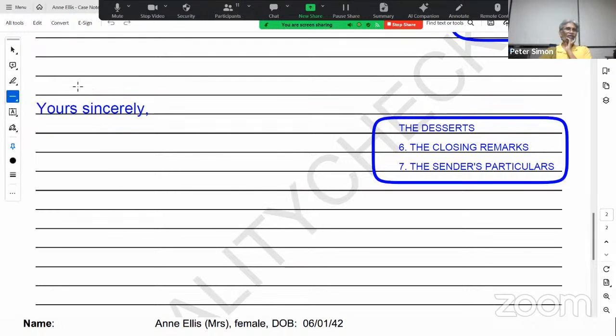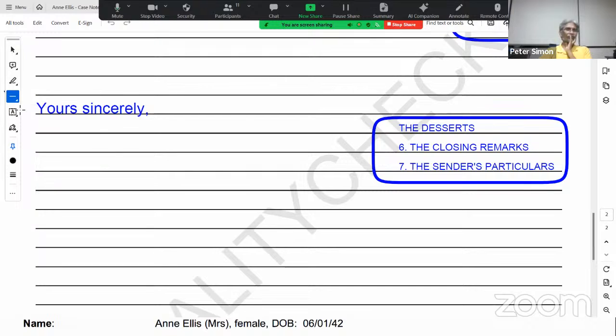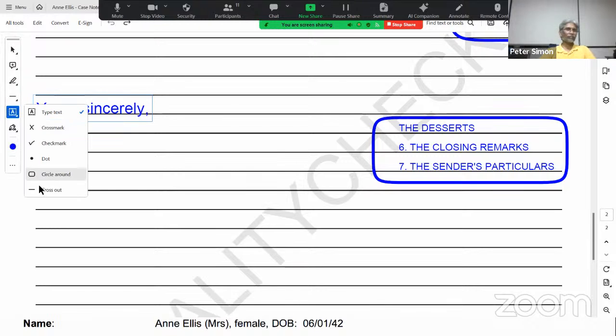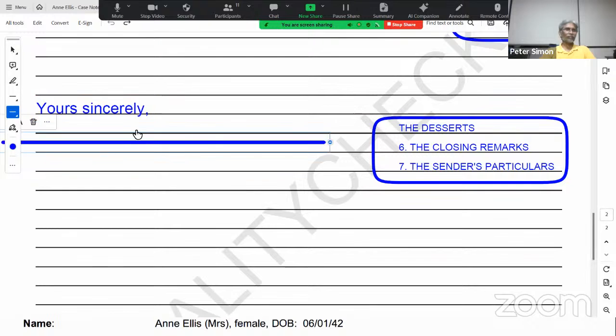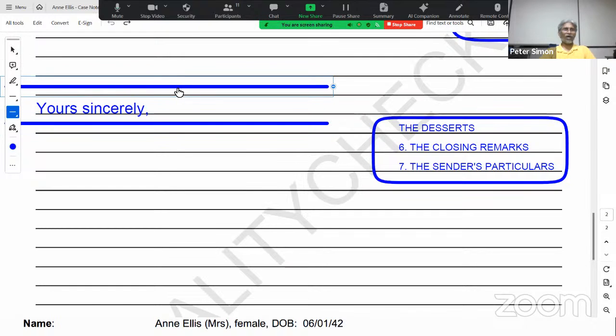So before that you will leave one line. After the body, before starting yours faithfully, you leave one line. Then after yours sincerely or yours faithfully, you leave two lines. Then you write the address.